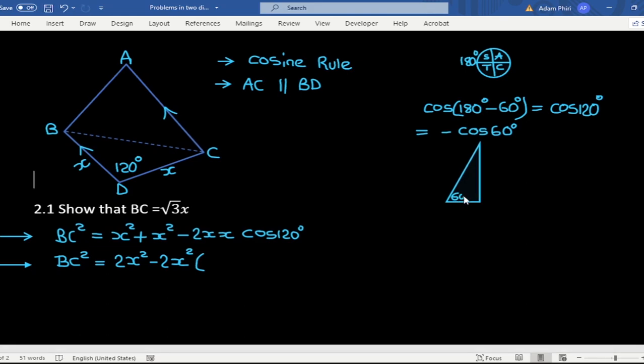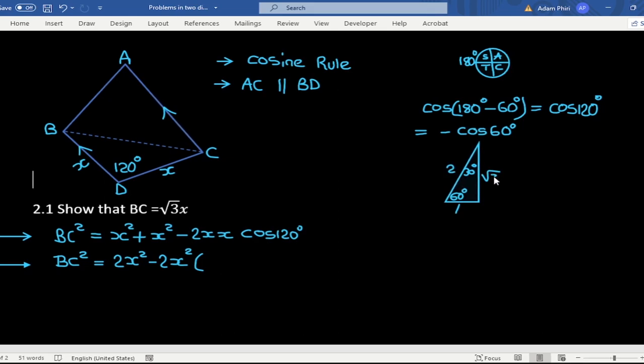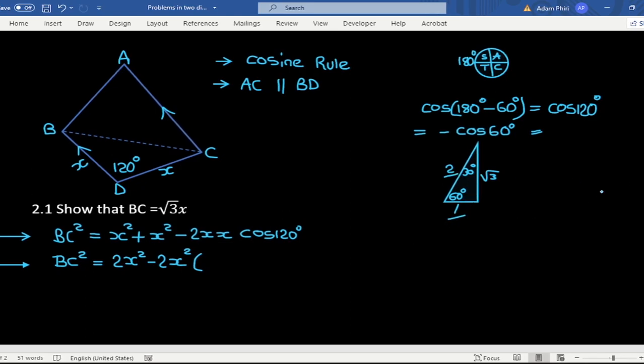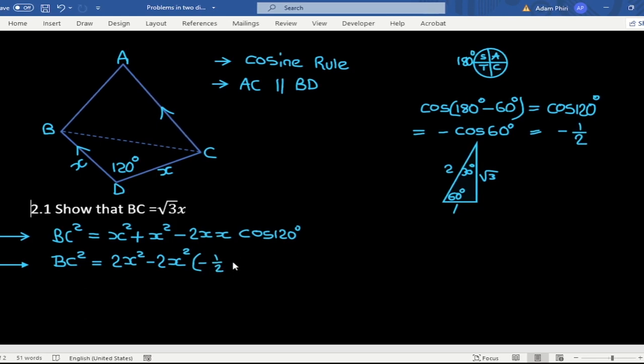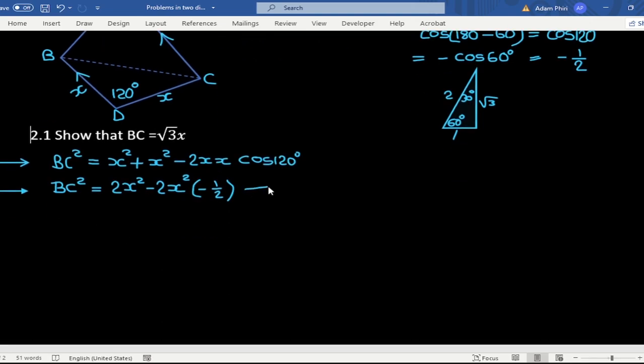the 60 degrees angle, and we have 30 degrees, and then we have 2 as a hypotenuse, and root 3 on the other side, and that gives us cos 60 degrees gives us 1/2, so it's negative 1/2. So negative 1/2.